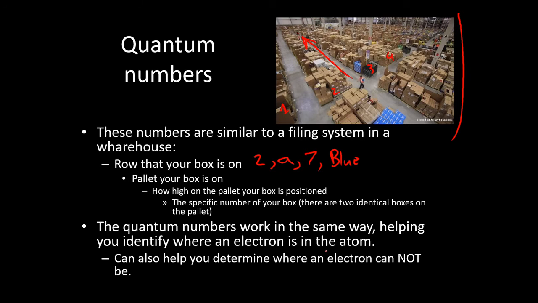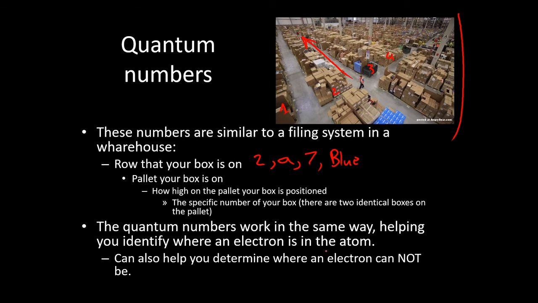And this is exactly what the quantum numbers are. The quantum numbers are just a way for us to identify where in the atom the electron exists, because electrons can only exist in very specific places.